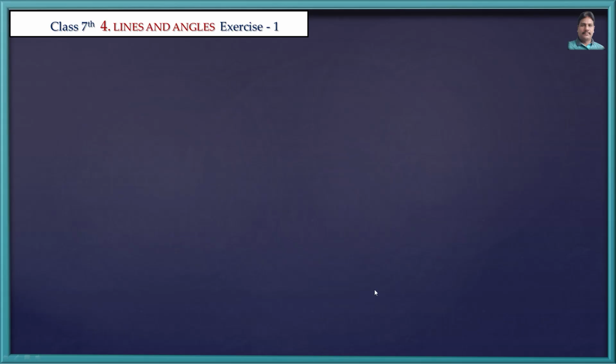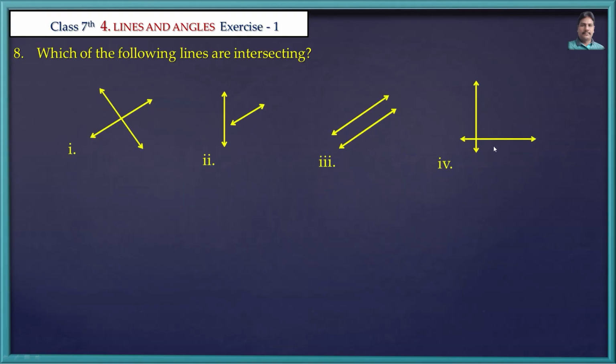Next problem. Which of the following lines are intersecting? These are the figures given. So if we observe these figures, we can find out easily these are intersecting lines because there is an intersecting point. Intersecting lines.